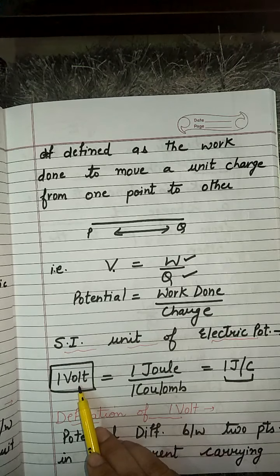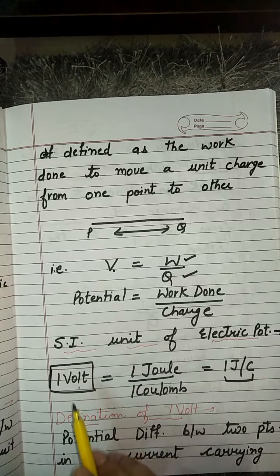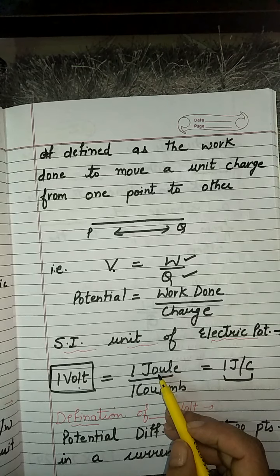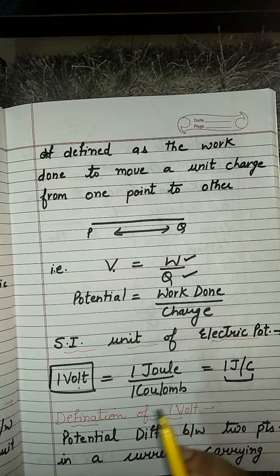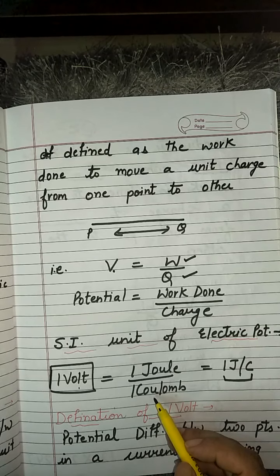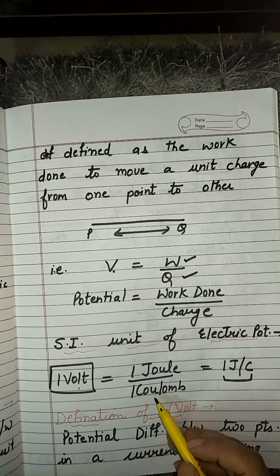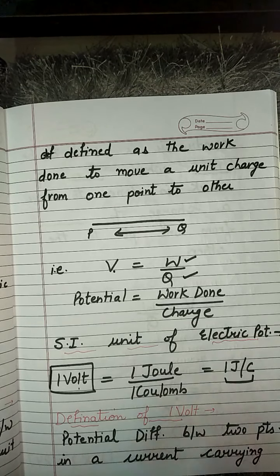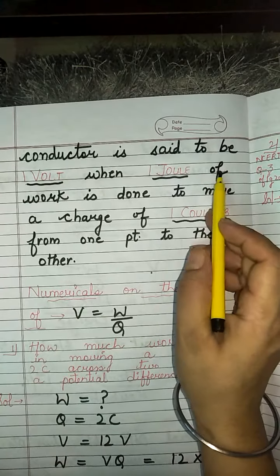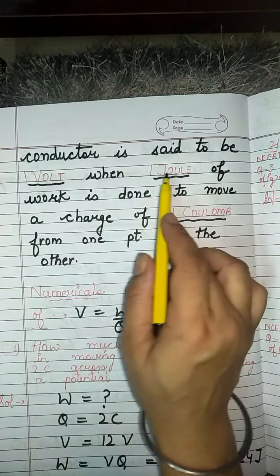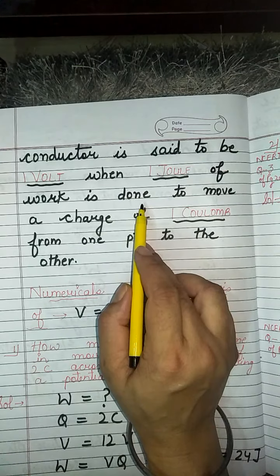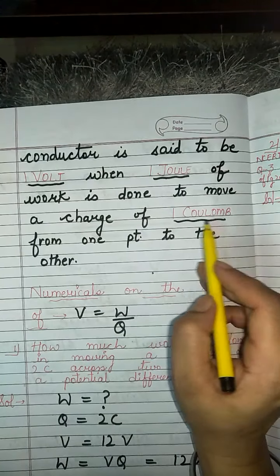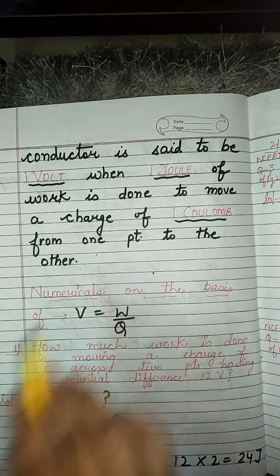Potential difference is said to be 1 volt when work done of 1 joule is done by a charge of 1 coulomb in moving from point A to point B, or from one point to the other.